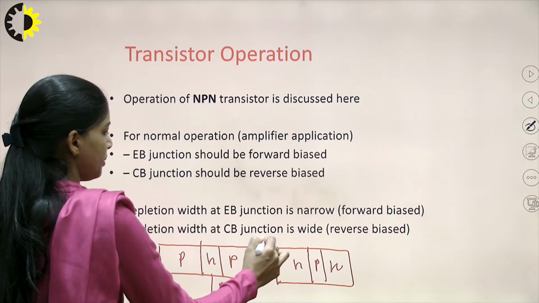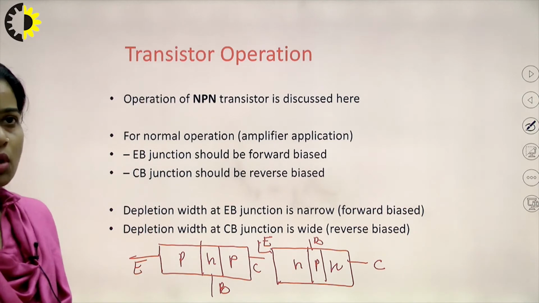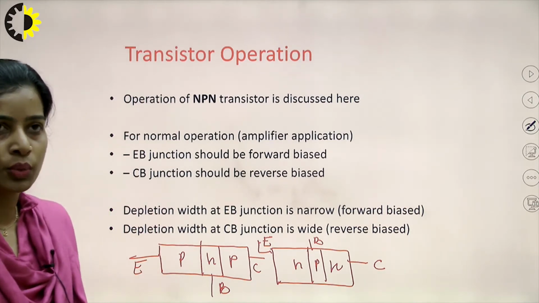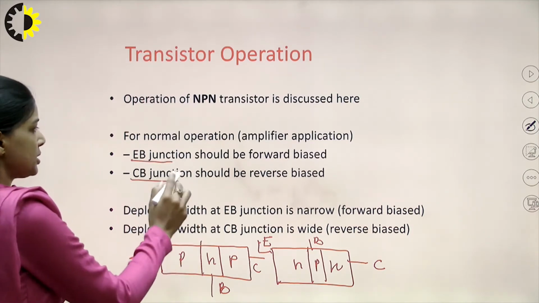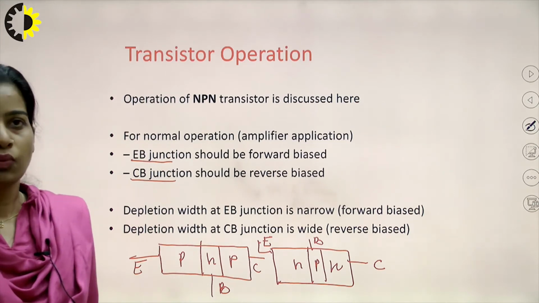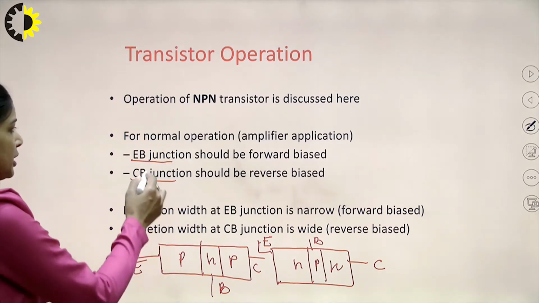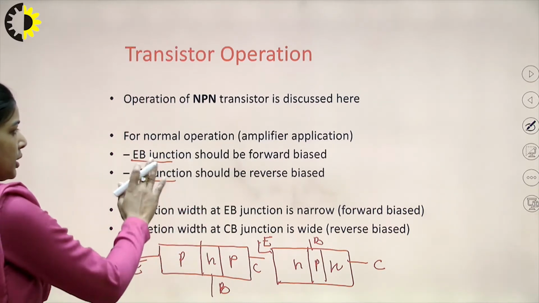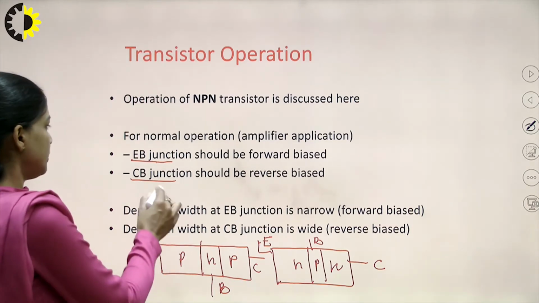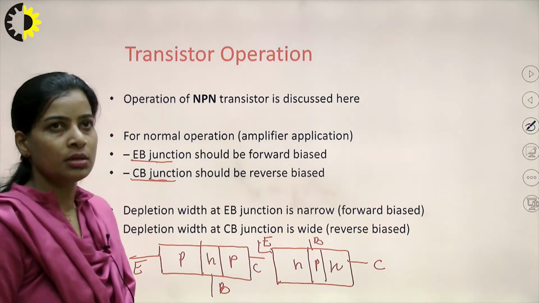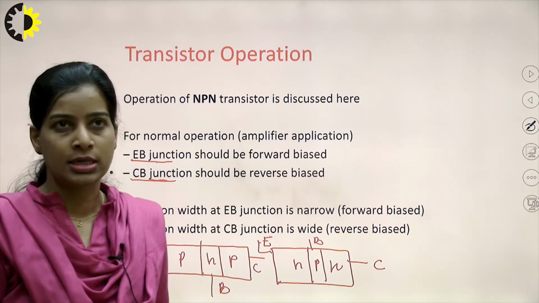For the device to operate in the normal operating, or forward active, region, the emitter-base junction should be forward biased and the collector-base junction should be reverse biased. So, the depletion region at the emitter-base junction will be thinner as compared to the depletion region at the collector-base junction. These are all the basics of the bipolar junction transistor that you must have studied in Electronic Devices.